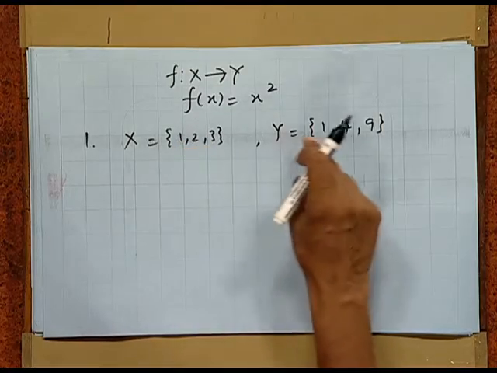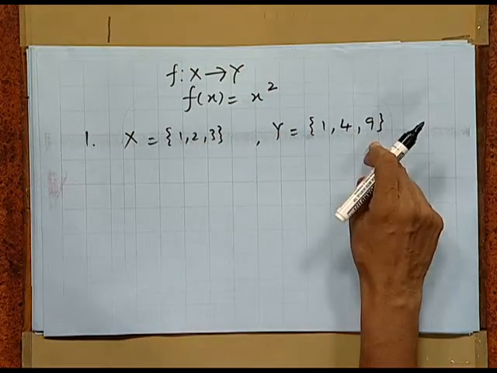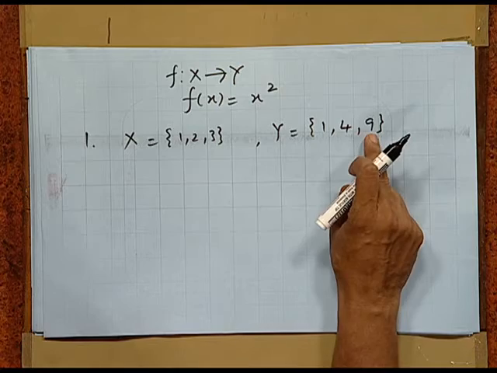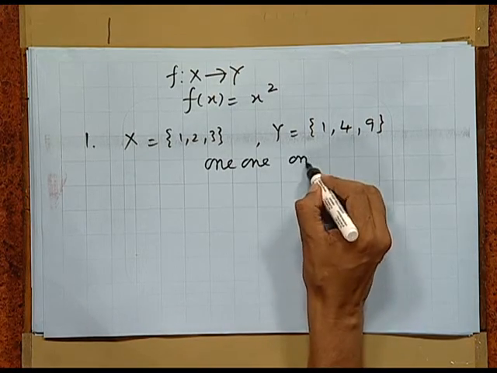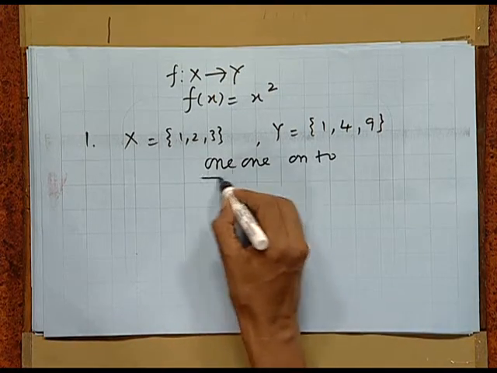Next question, is it 1-1 or many-one? Yes, the image of 1 is 1, image of 2 is 4, image of 3 is 9. So, there is no common image. So, it is a 1-1 function. So, eventually this function is 1-1 and onto.